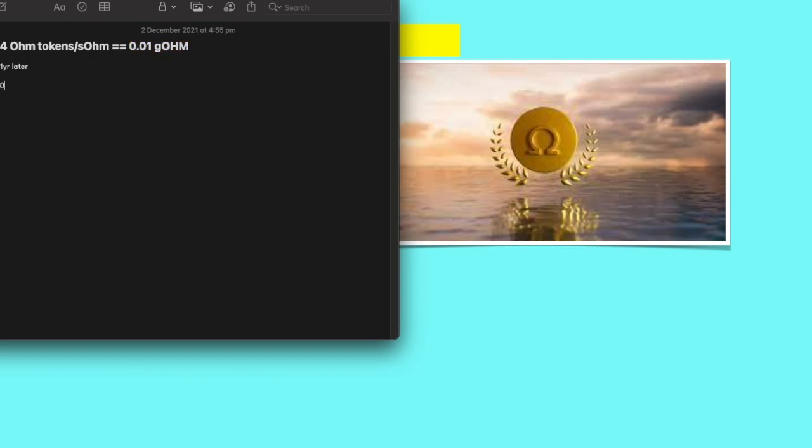But that 0.01 gOHM might be, I don't know, 40 or say 50 sOHM tokens. So what I'm trying to say is your gOHM will remain constant, but the intrinsic value of gOHM will keep increasing over time.